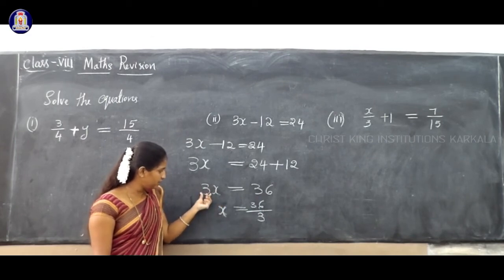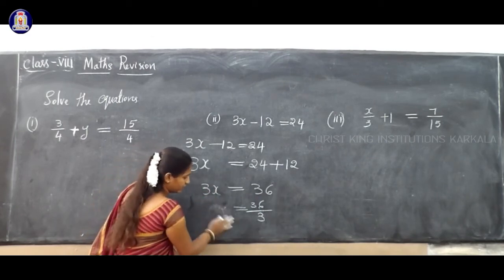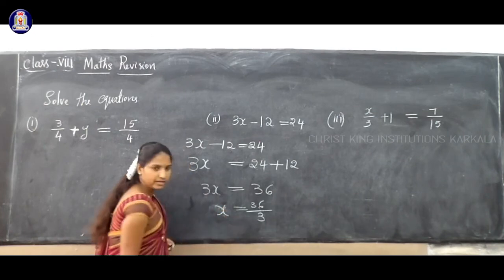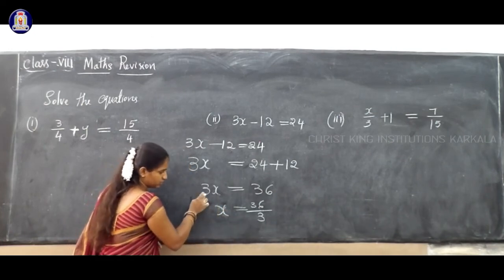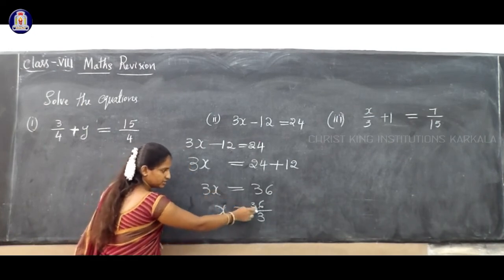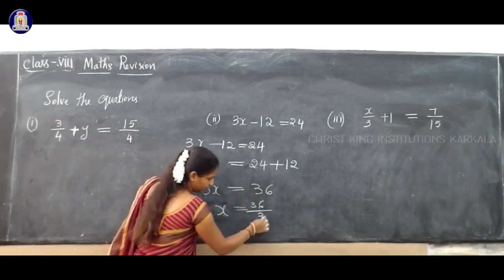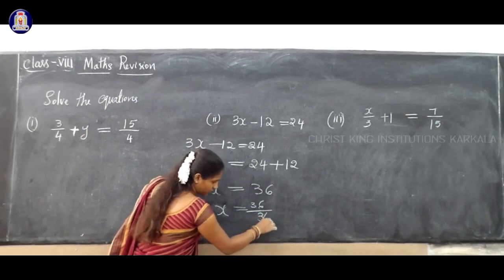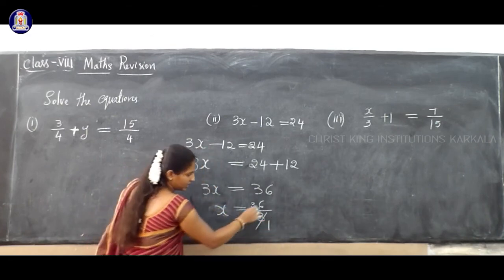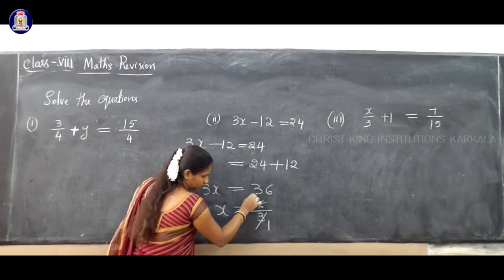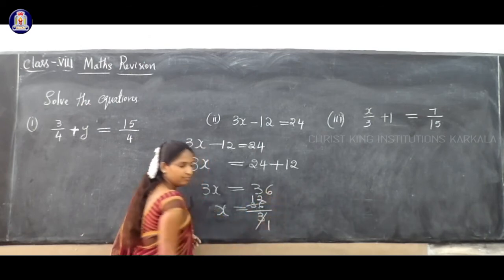We want to find the value of the variable, so the variable will remain on the same side. So this 3 divides 36. 36 by 3, if you divide: 3 ones are 3. 3 twos are 6.